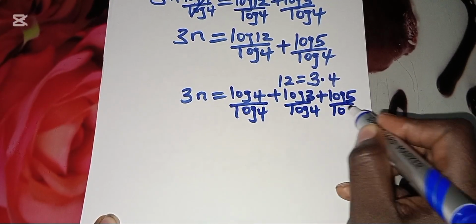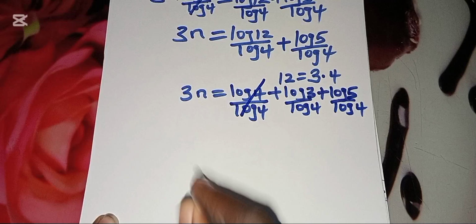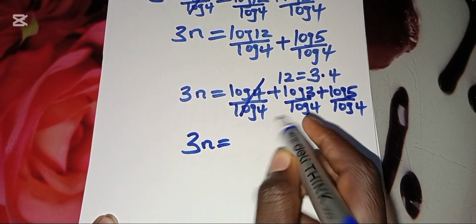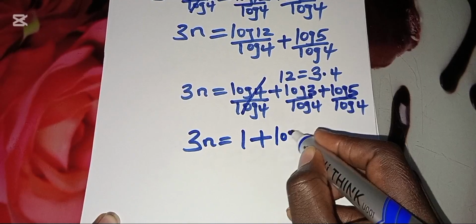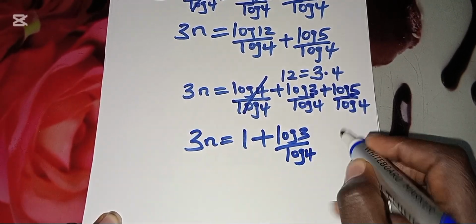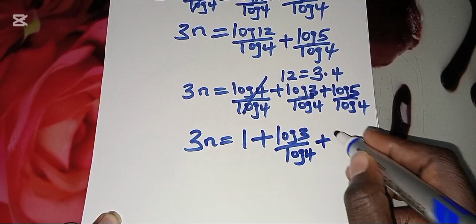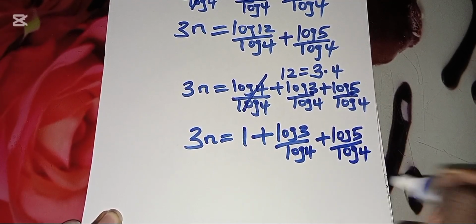Now if you simplify, you're going to have 3n equal to 1 plus log 3 divided by log 4 plus log 5 divided by log 4.